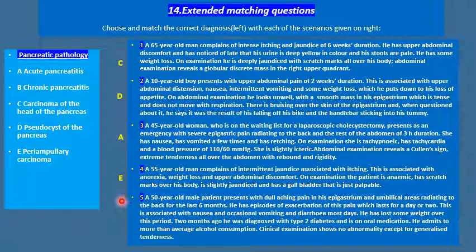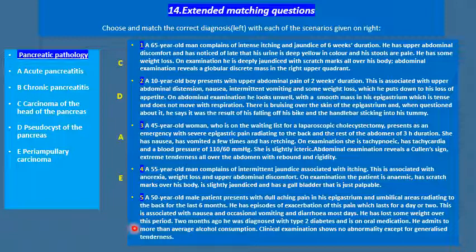Scenario number 5. A 50-year-old male patient presents with dull aching pain in his epigastrium and umbilical area, radiating to the back for the last 6 months. He has episodes of exacerbation of this pain which last for a day or two. This is associated with nausea and occasional vomiting and diarrhea most days. He has lost some weight over this period. 2 months ago, he was diagnosed with type 2 diabetes and is on oral medication.